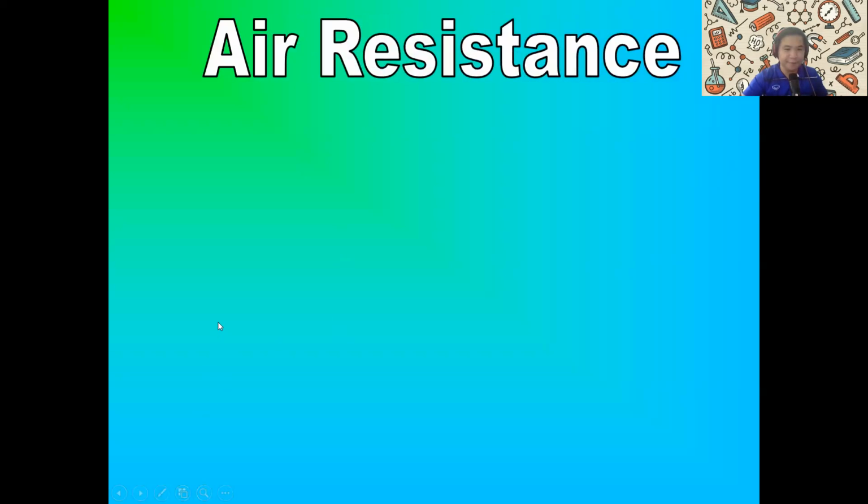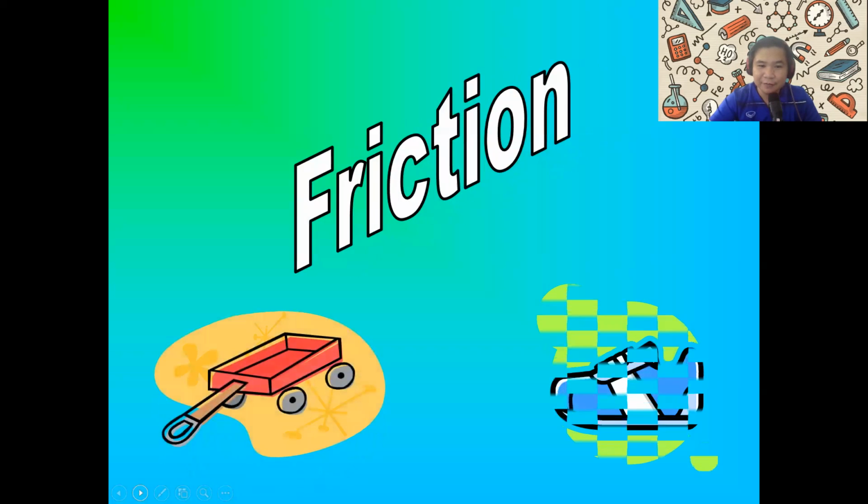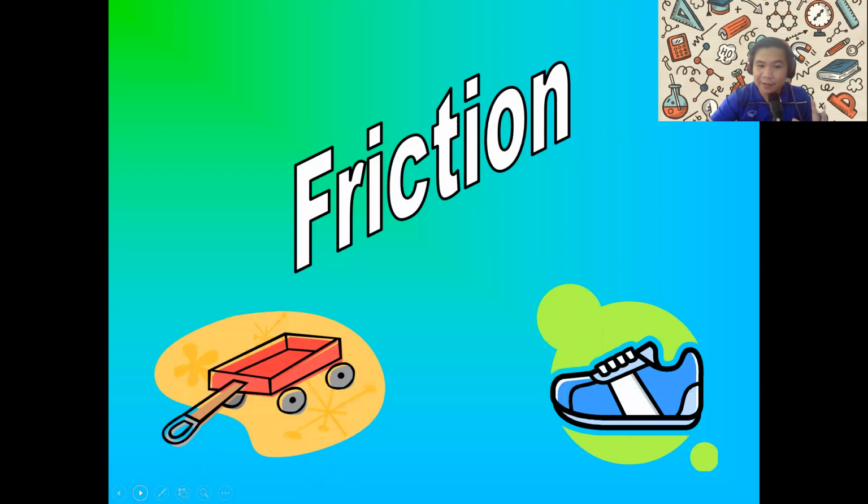Let us start, shall we? Oh wait, why am I in air resistance? That's wrong. Oh, I'm sorry. Give me a few seconds to adjust that because it started at the very first part and that's not what I wanted you to see. So again, let me share my PowerPoint presentation. Here you go. It's about friction, okay? Friction.